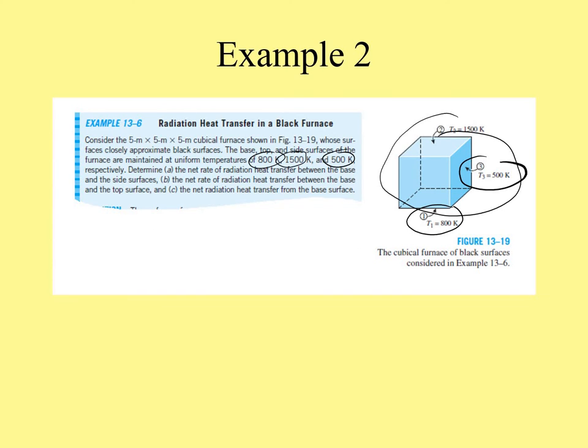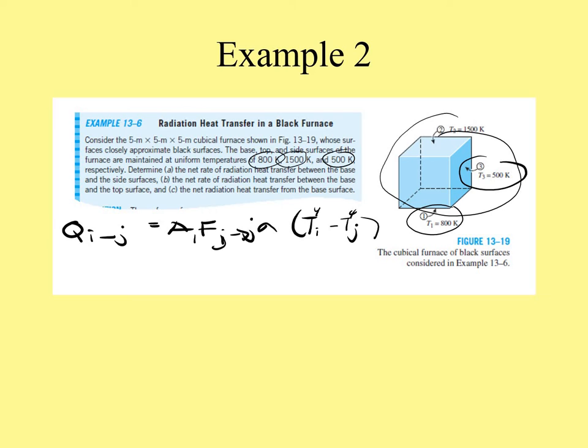To calculate the rate of radiation, the formula is Q i to j equals A i F i to j sigma times Ti to the power of 4 minus Tj to the power of 4.